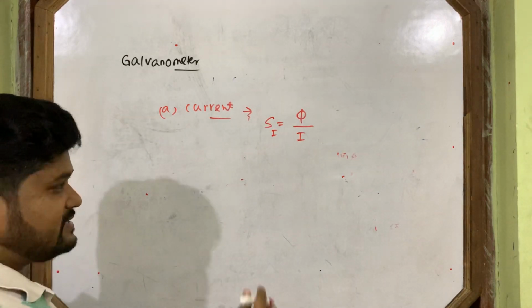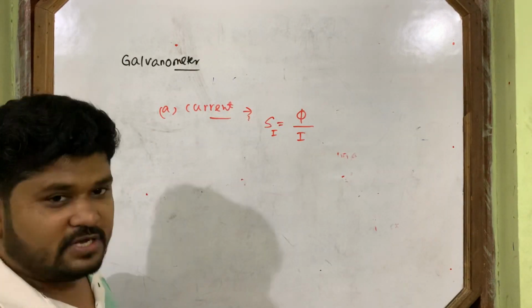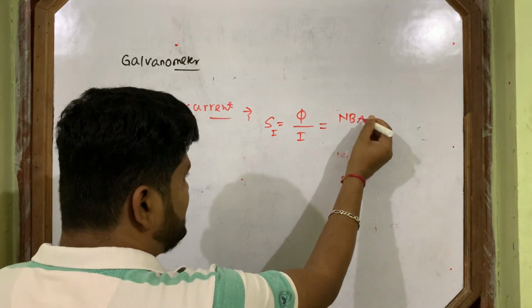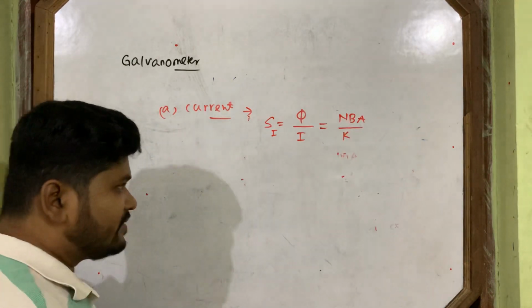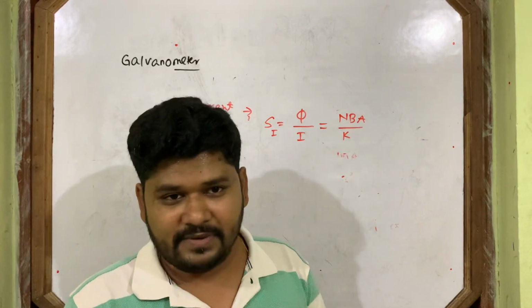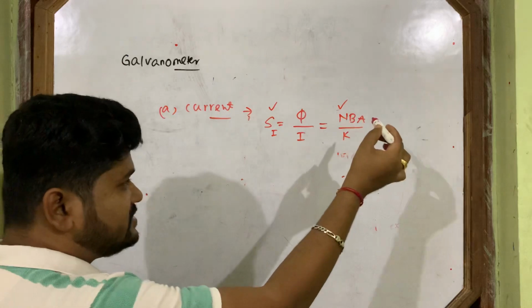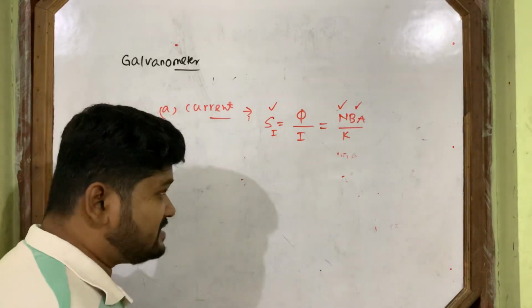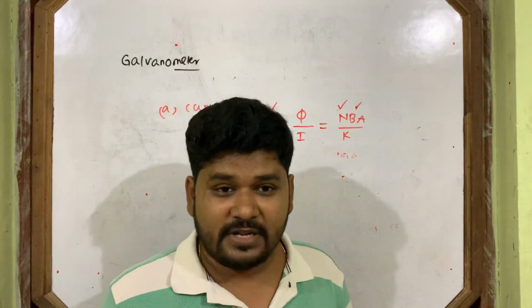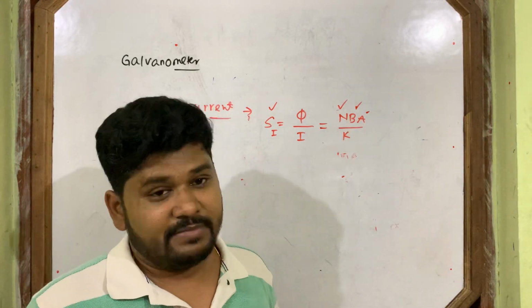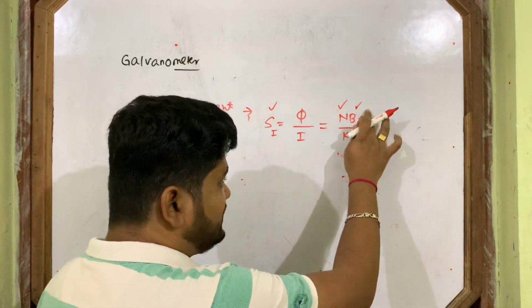Symbol we can write SI. This symbol varies from book to book. From the formula, it becomes NBA by K. How will we increase the current sensitivity? By increasing the number of turns, by increasing magnetic field strength, which we do using a soft iron core. By increasing the area of the coil, but then the galvanometer will be bulky, so we will not write that one.